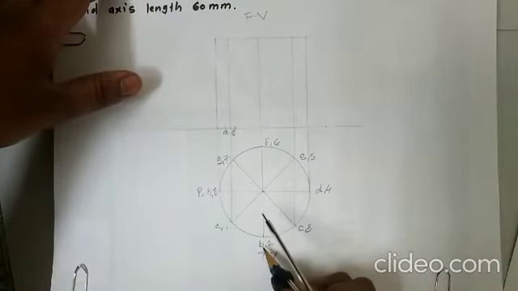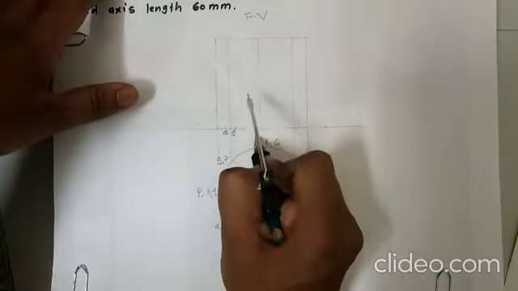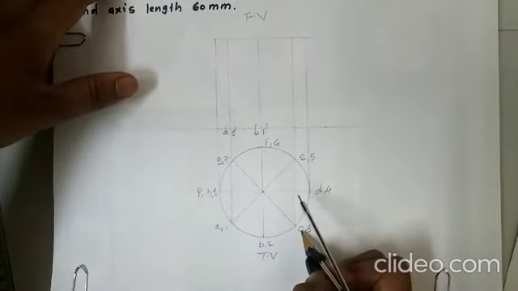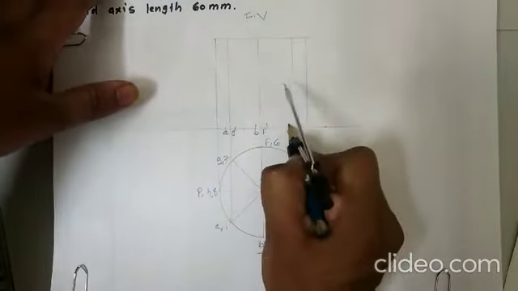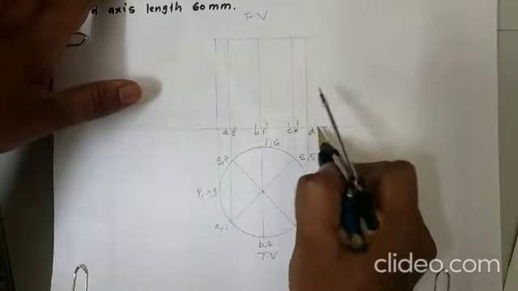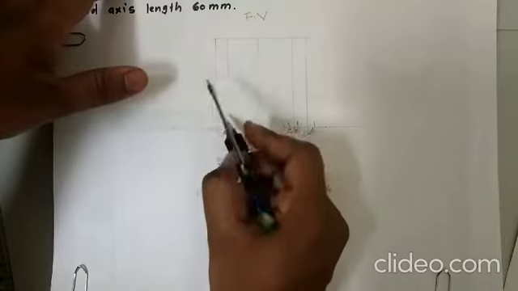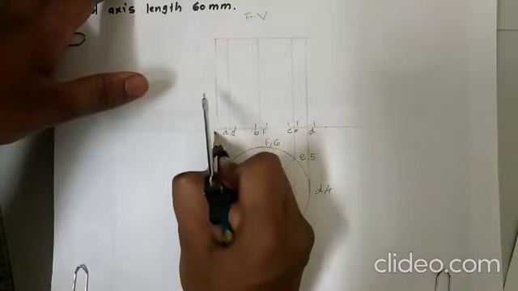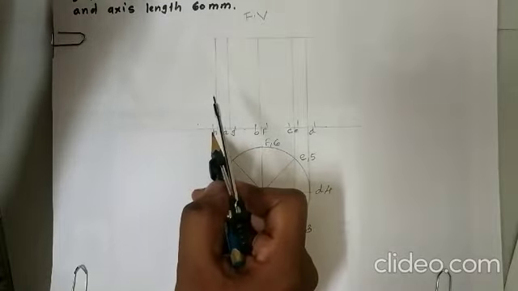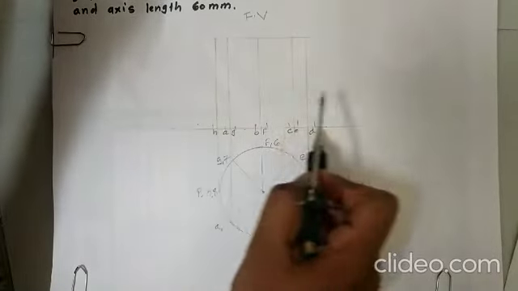Next B and F, B dash and F dash. Now this is C and E, C dash and E dash, and this is D, D dash, and this is H, H dash. So we have given names to the base of the front view.